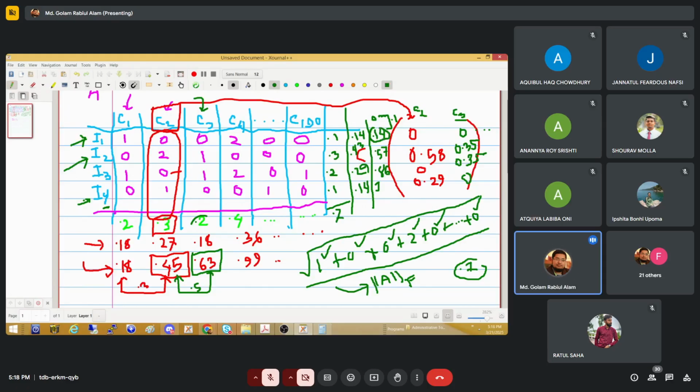The upper bound is 0.14, and this 0.14 belongs to our row number 1, the individual one. So we have to select the individual one. Now what we have to do is select that individual one. So that means these values, you can see 1, 0, and 0, 2, 0, like those values.